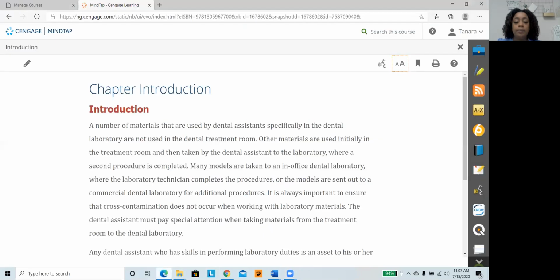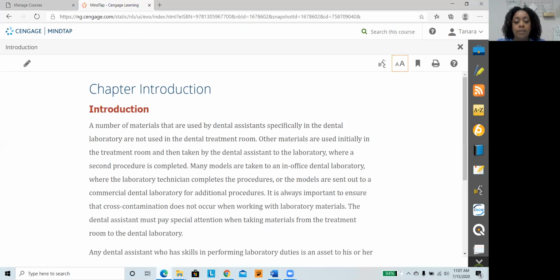So I'm going to go ahead and share my screen, and I'm going to get into the introduction. If you turn to page 918, get your highlighters ready.